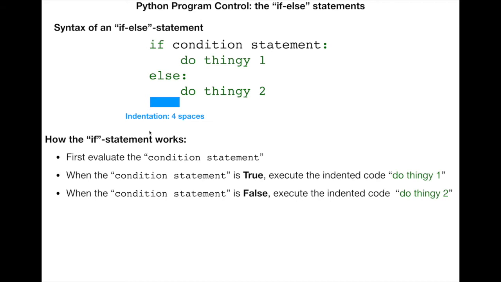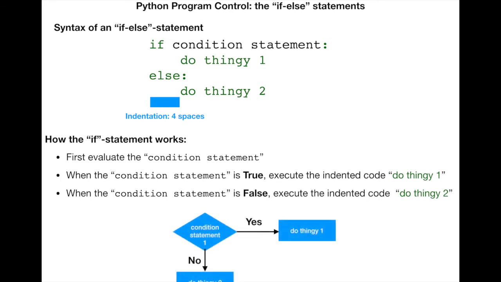So how does the if-else statement work? First, evaluate the condition statement. If the condition statement is true, execute the indented code called do thingy 1. Otherwise, if the condition statement is false, then execute the indented code do thingy 2.